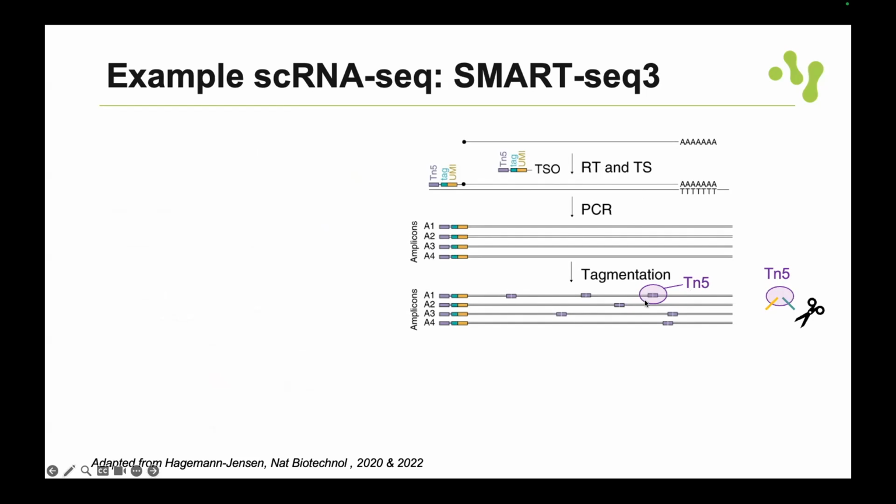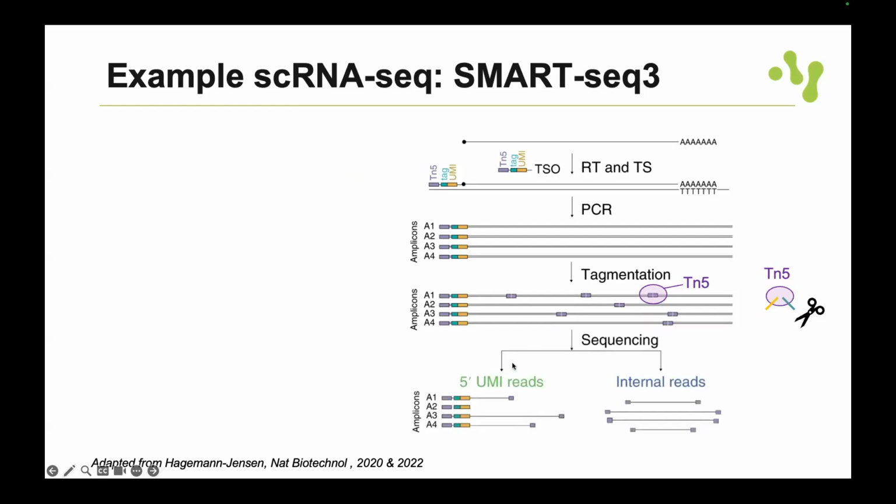These fragments create pieces of cDNA that once more are amplified and can then be sequenced. And these added tags are actually the sequencing priming sites, so the sequencer can read them out.